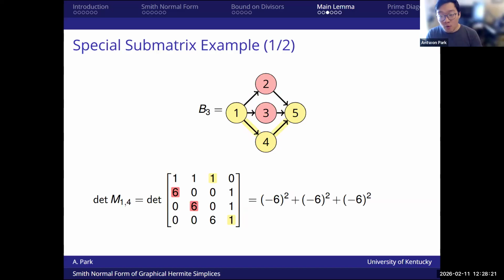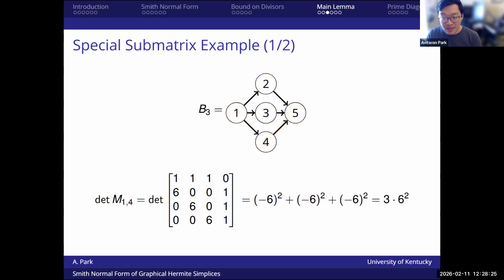And so the determinant of this submatrix is 3 times 6 squared. If you remember from the data I was showing earlier about these graphs, the largest elementary divisor for B3 was off by a factor of 3, and that 3 is coming up in this particular minor. So that is why you're getting this off by 3. It's the number of paths of length 3 inside of here.